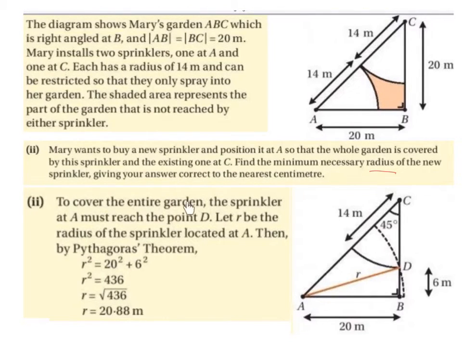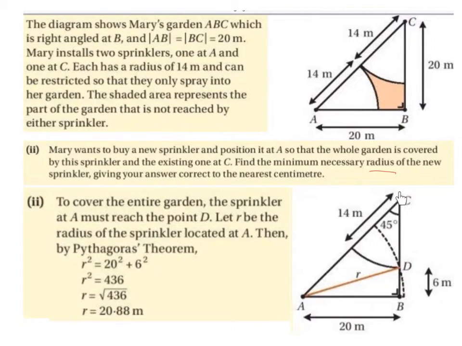To cover the entire garden, the sprinkler at A must reach the point D. So there's the point D. If we were to extend the radius as far as point D, and make a construction line with our compass, an arc, we would see that we would then cover the entire garden.